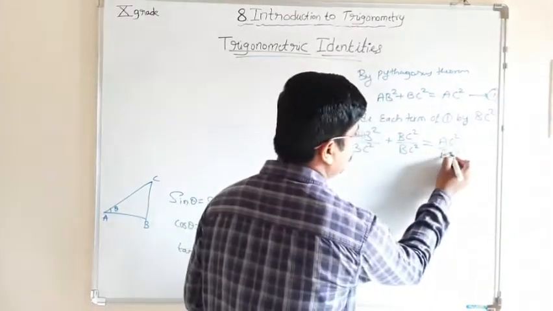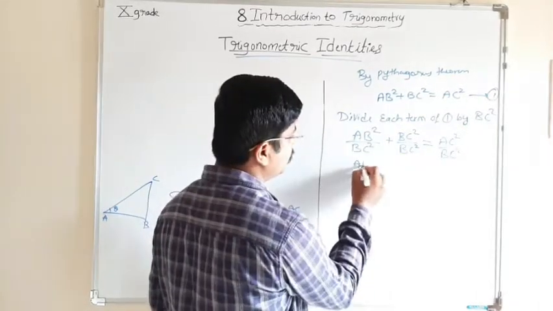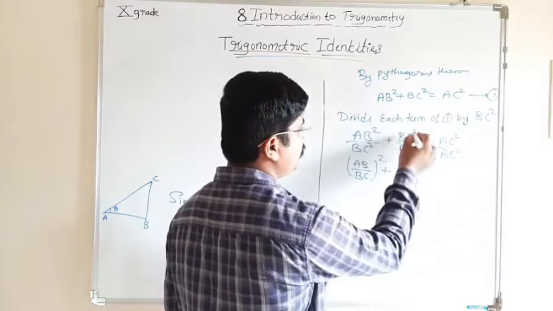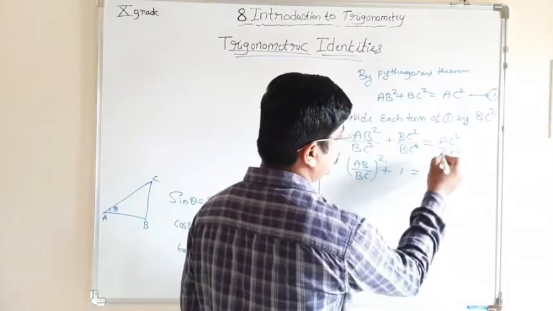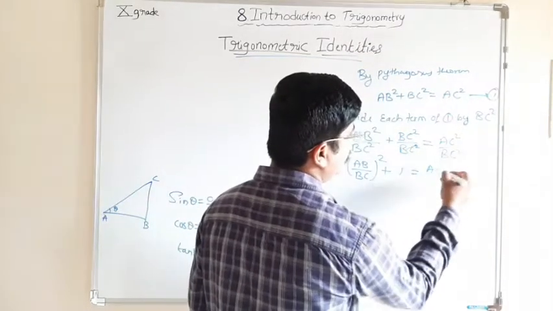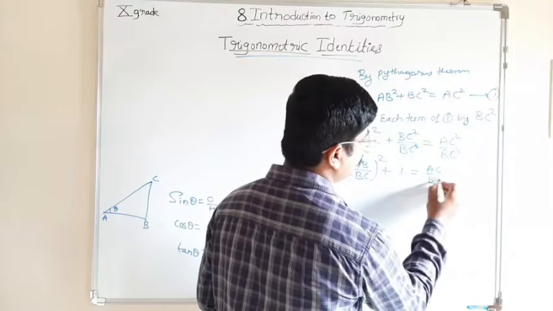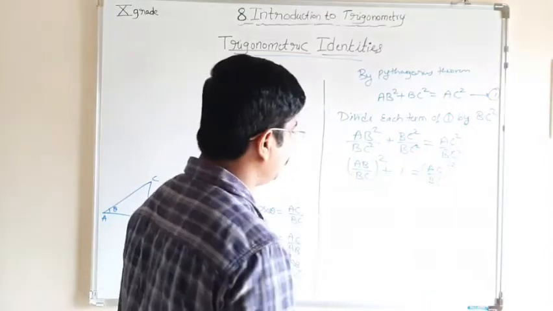Yes, see here, AB square divided by BC square may be written as (AB divided by BC) whole square plus BC square will get cancelled. We are left with 1, which is equals to AC square divided by BC square may be written as (AC divided by BC) whole square.